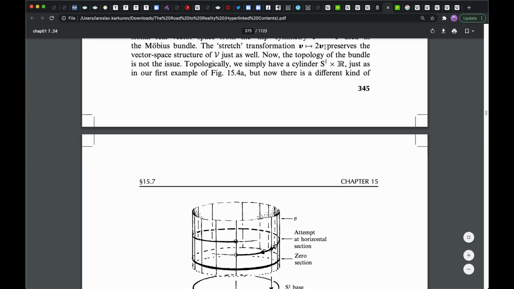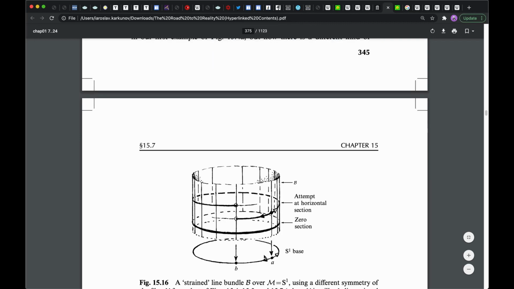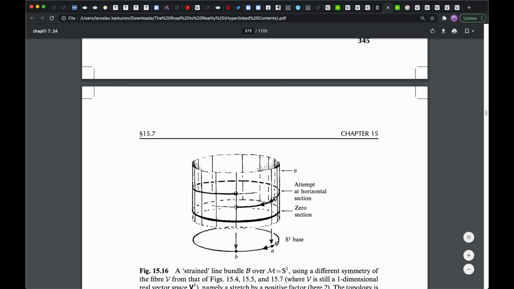So we stretch our lines there. So after going the full circle in our bundle, we will have a doubled value here. So if you started with 1, then you will end with 2 here.